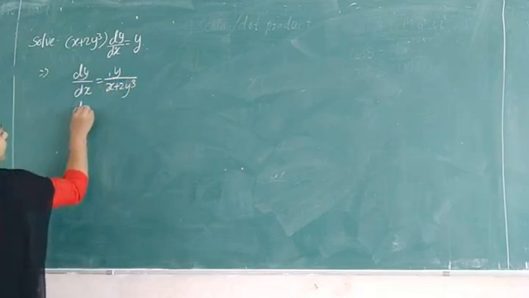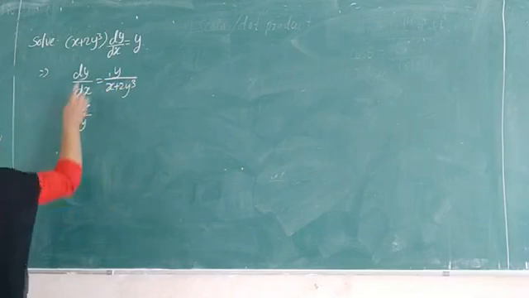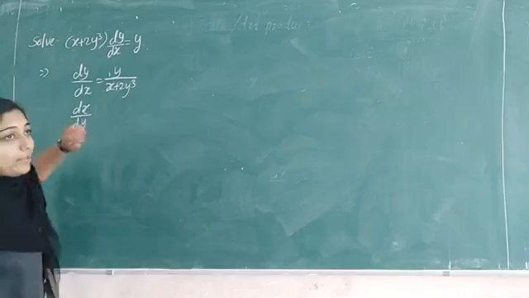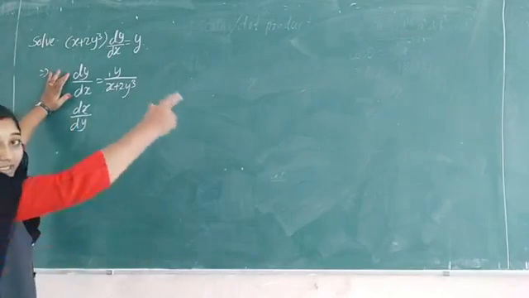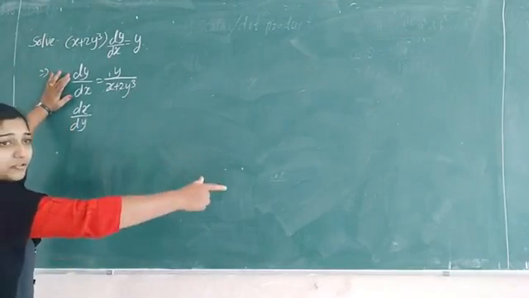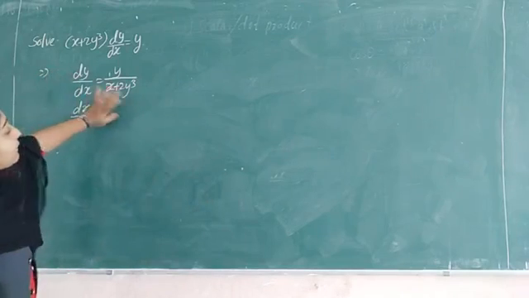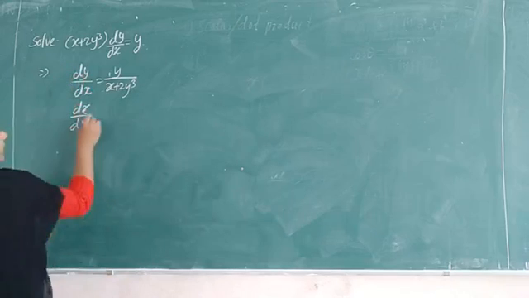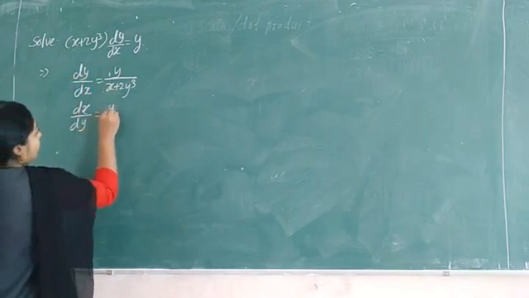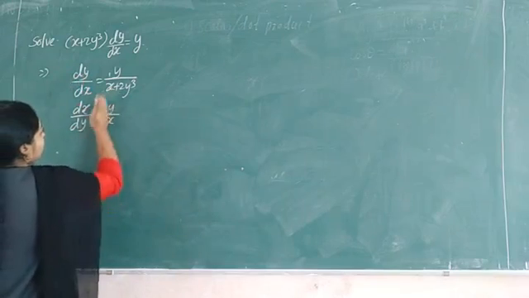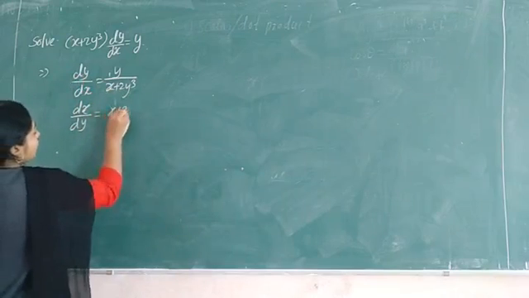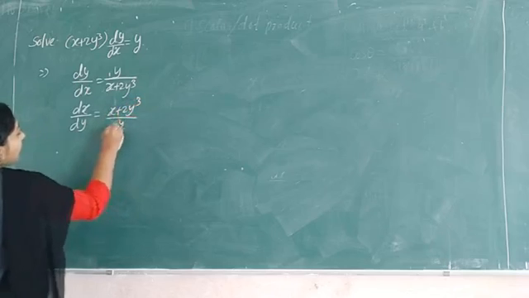So make it dx by dy, because if you use the first equation dy by dx plus py is equal to q, then we want p and q to be functions of x, but here we have y. So dx by dy is equal to x plus 2y cube divided by y.